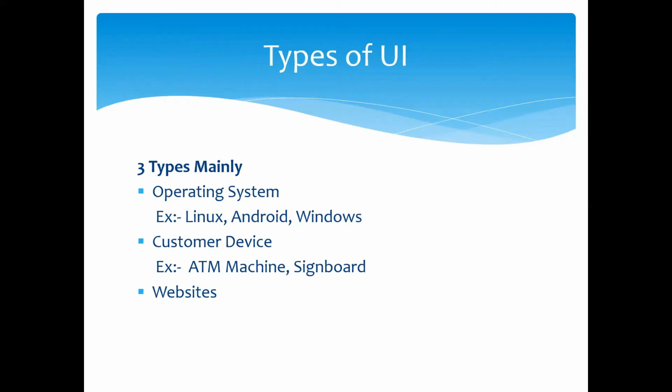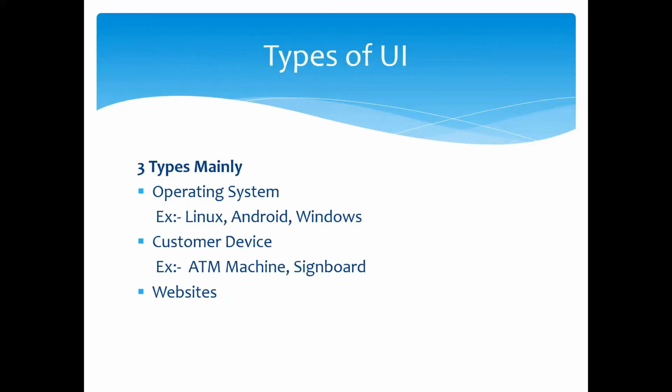Mainly three types of UI are present in the market. One is the operating system, the second is the customer device, and the third is the website. What is an operating system? An operating system is software installed on a device. For example, when you purchase a laptop, by default there is no operating system.